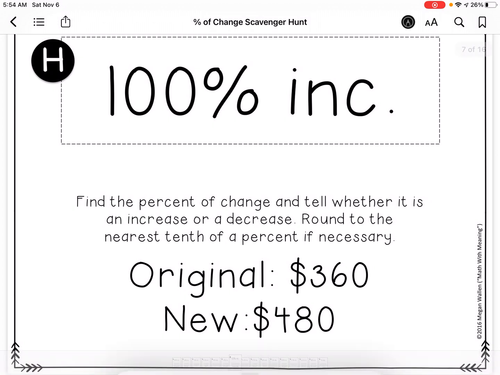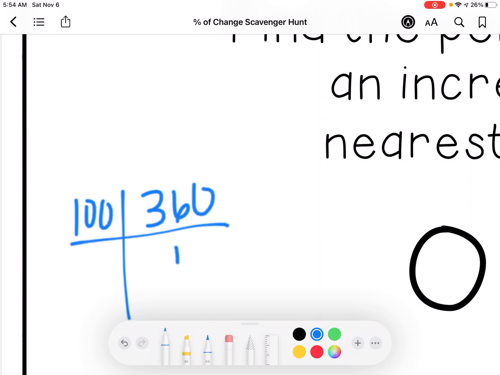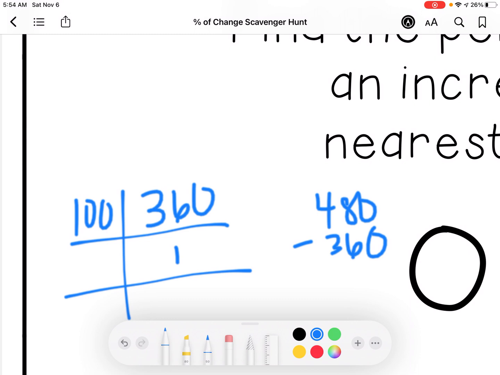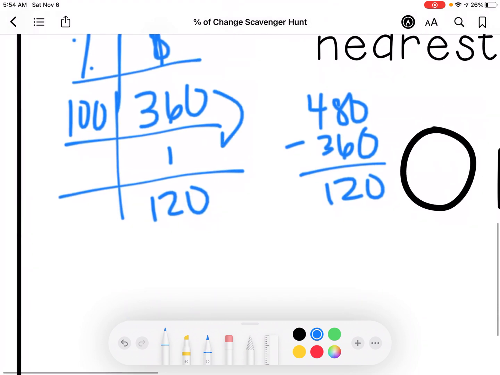360 to 480. So 480 minus 360 is 120. Divide by 360. So 100 divided by 360.